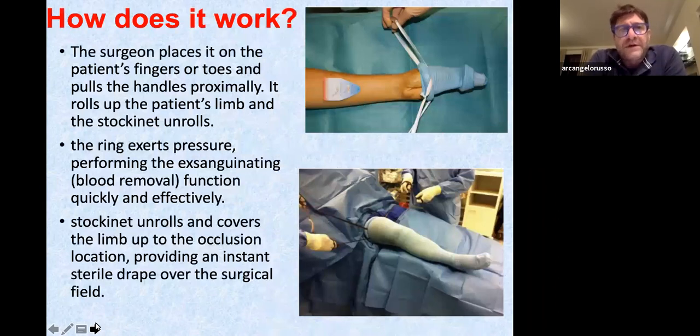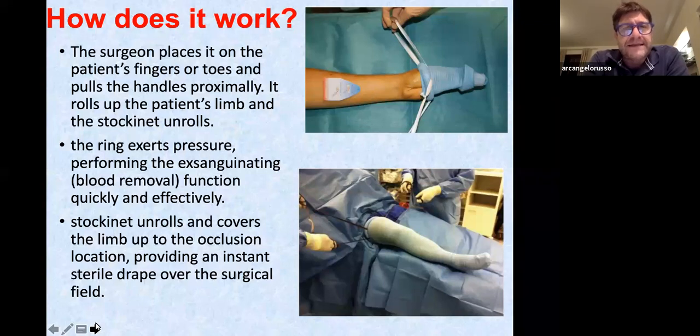How does it work? The surgeon places it on the patient's finger if we are doing an arm surgery, or toes in a foot surgery, and pulls the wrap, and the ring goes up the arm or the leg.